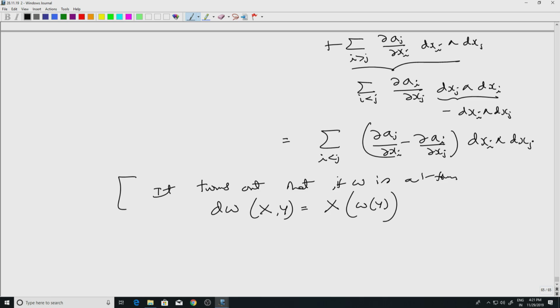If I take a one form and plug in a vector field, I get a function. So then I'll be differentiating that, minus Y of omega X, minus omega of the Lie bracket of X and Y, for all X, Y on M.